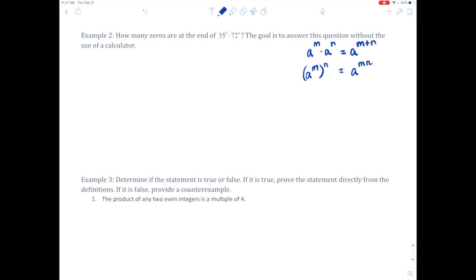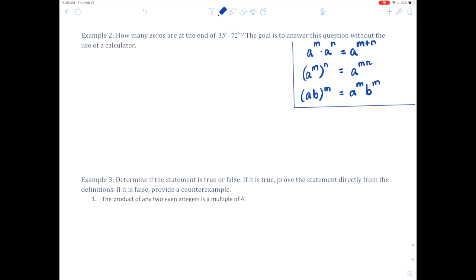And sorry, one more: a times b to the m is equal to a to the m times b to the m. Okay, so those are part of what we'll need for our evil plan.